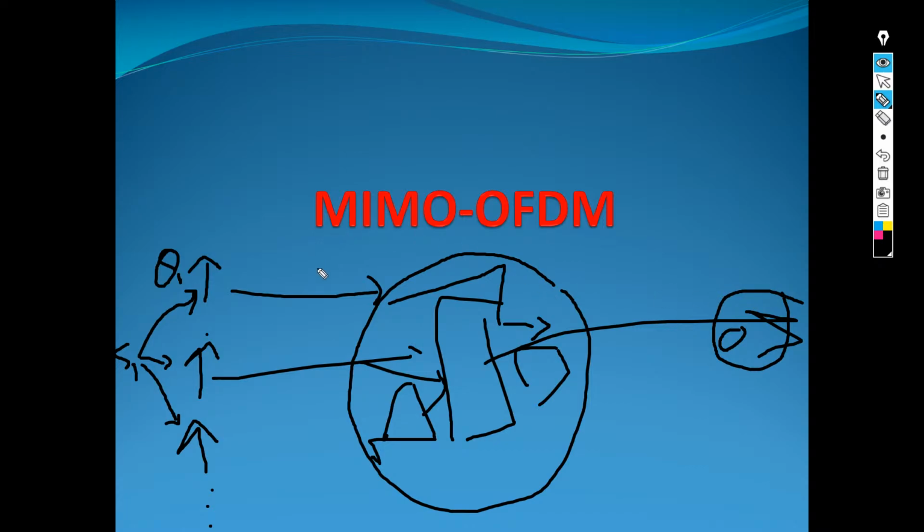Simply, you measure the channel H1 between the receiver and the first antenna, H2, the channel between the receiver and the second antenna, H3, the channel between the receiver and the third antenna, and so on until you finish all the antennas. This channel is basically the fading channel. It has amplitude and phase, the amplitude of H1 and the phase of H1.